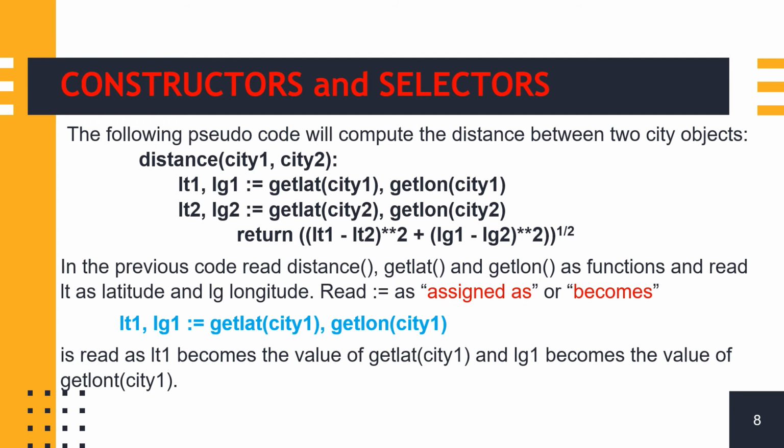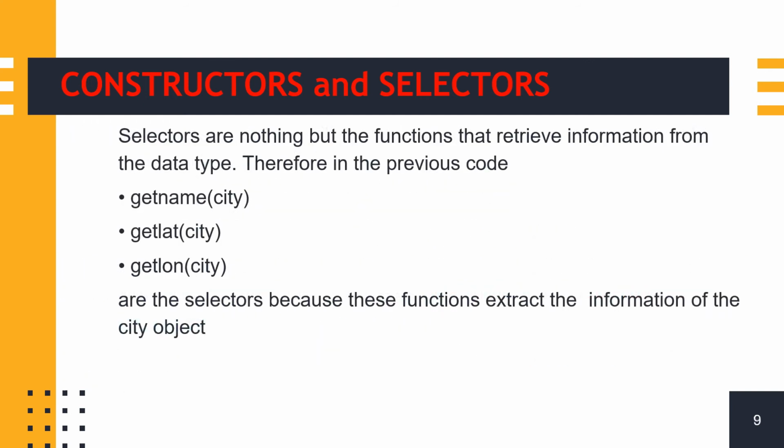I think you can understand this coding once you see it. Selectors are the functions that retrieve information from the data type. Therefore in the previous code, get_name of city, get_lat of city, get_lon of city are the selectors, because these functions extract the information of the city object.